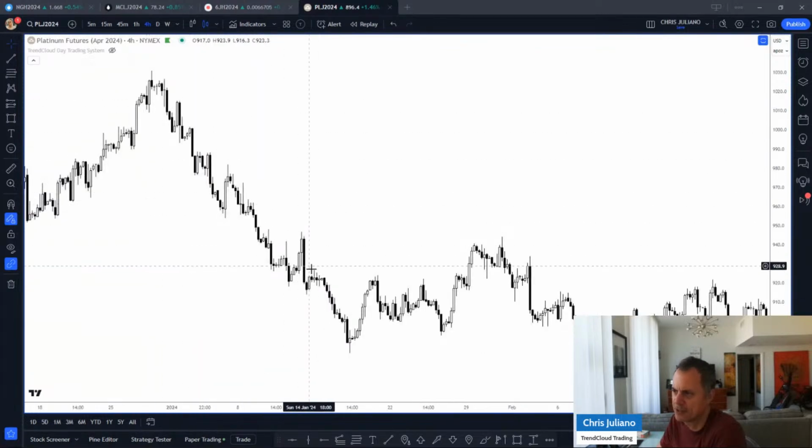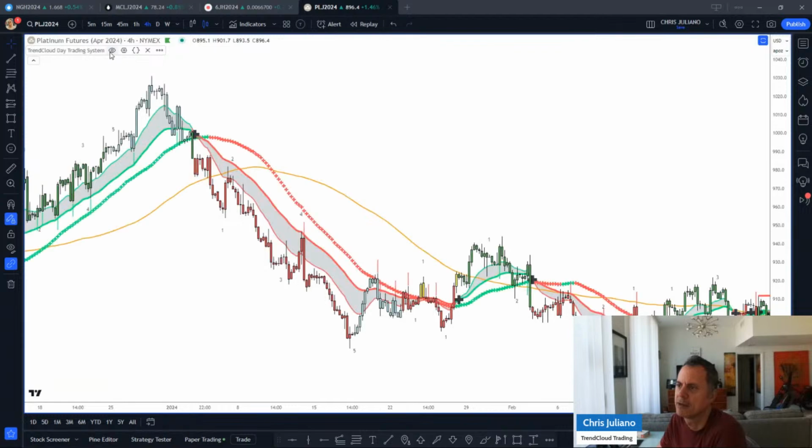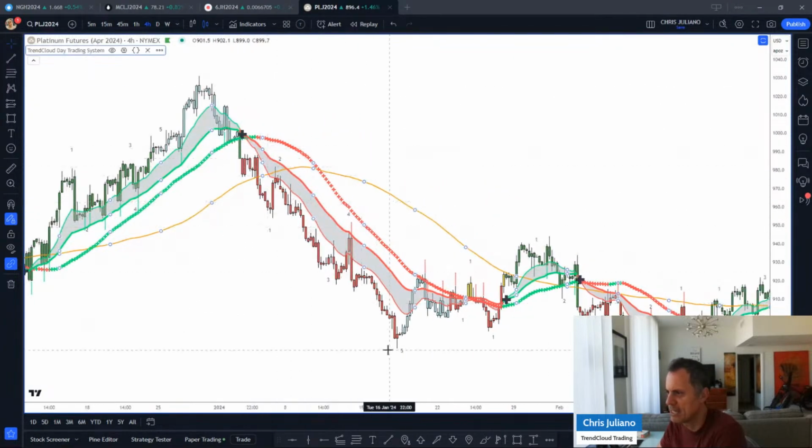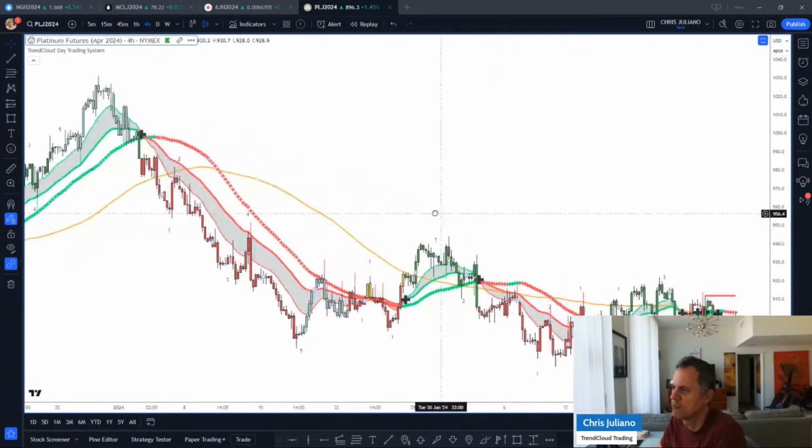Now that's nice and clean. That's a clean trend. We like reading this. Beautiful, right? Platinum was moving very nice. All the way up, pulls into TrendCloud, breaks to the upside, extended trend, reversal. All the way down, extended trend, and little sideways reversal.